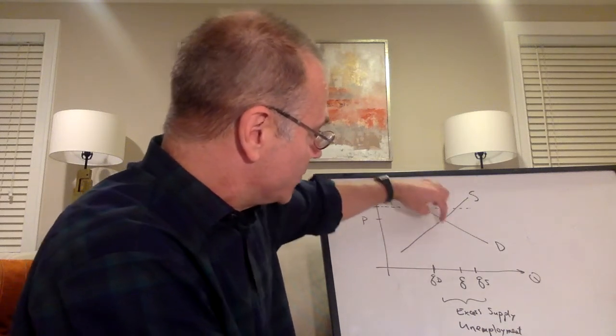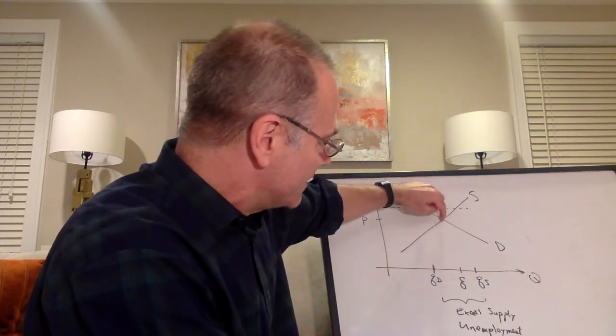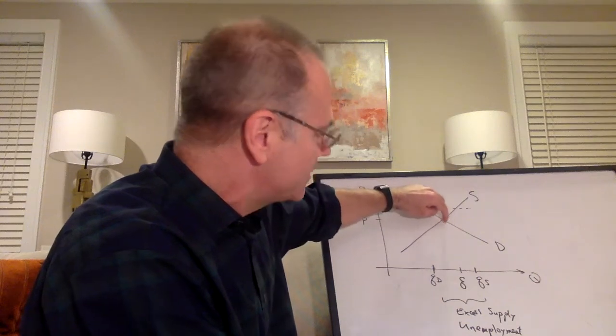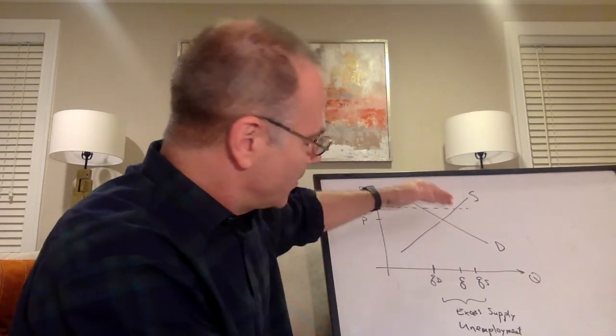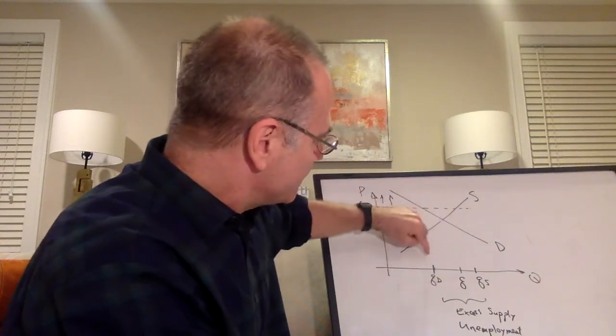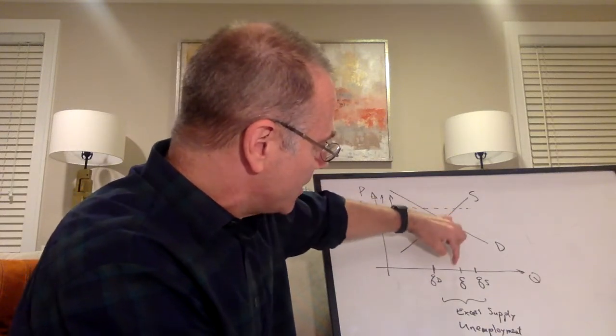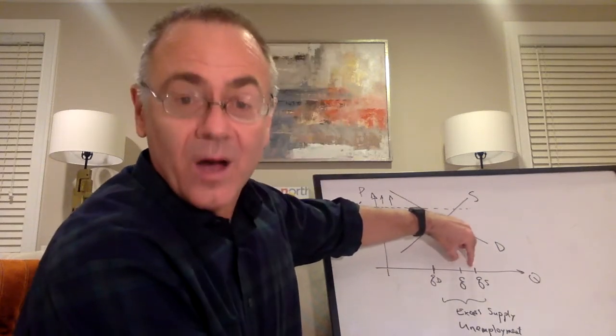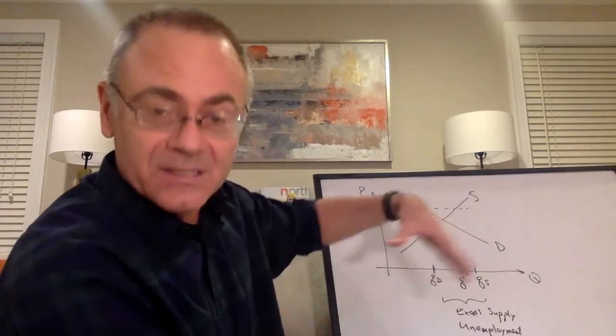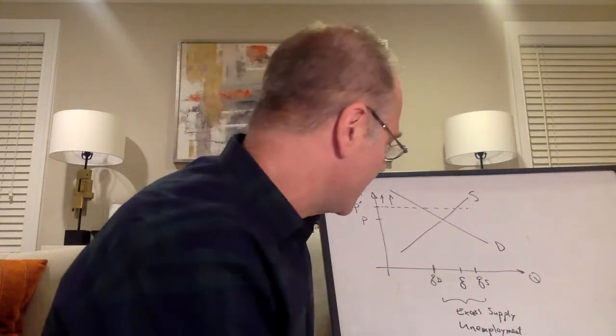That means the number of jobs. This is the old amount of jobs, this is the amount of workers, and they equal each other. Well, all of a sudden you put the minimum wage, the number of jobs will go down by this much, but the number of workers wanting jobs will go up by that much, and the sum of that will be the unemployment.